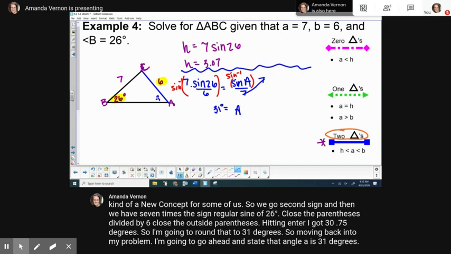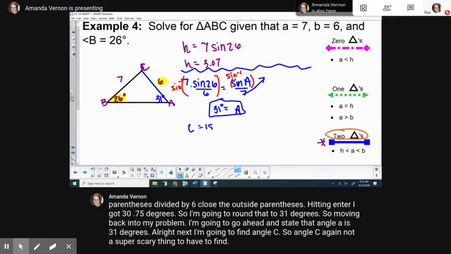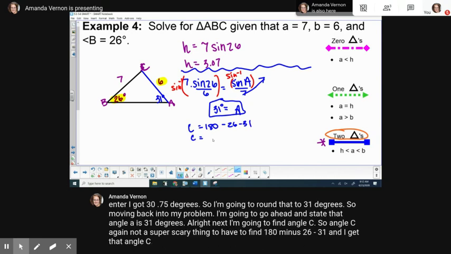All right. Next, I'm going to find angle C. So angle C, again, not a super scary thing to have to find. 180 minus 26 minus 31. And I get that angle C is 123 degrees.